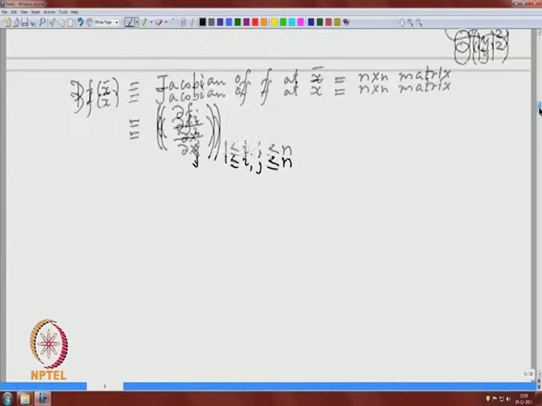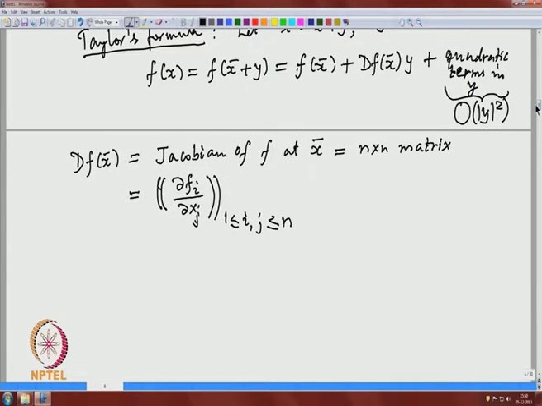So, let me again repeat that thing. So, f of x is equal to f of x bar plus y. So, x bar is an equilibrium point.